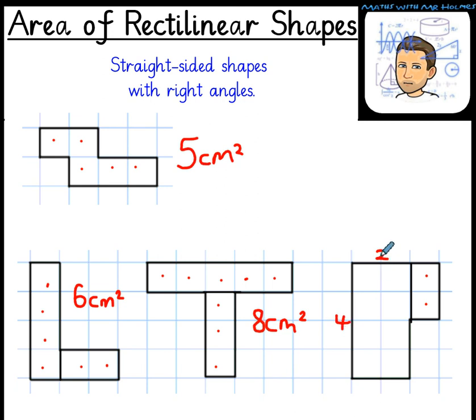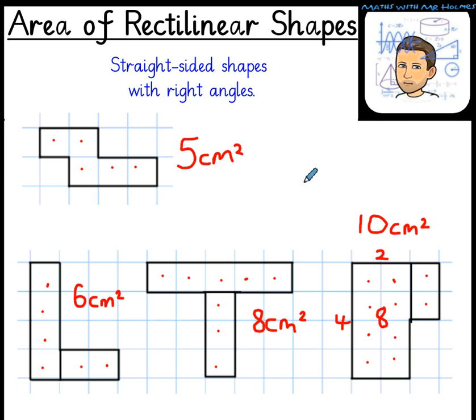So we can do the length times the width, 2 times 4, which we know we'd have 8 squares in here. All right, so 1, 2, 3, 4 doubled would give us 8. And don't forget the 2 that we separated. So we would have 10 squares altogether. If that's measured in centimeters, that would be 10 centimeters squared.